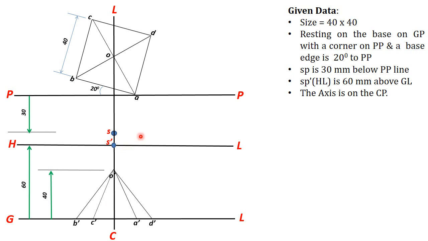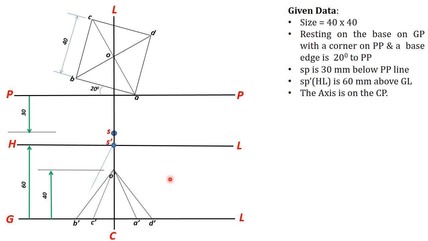Now, like our previous problems, you can find the perspective view of the base points, all the base points A, B, C, D. Here the point A is on PP, so you can directly mark the perspective view of that point as A dash.